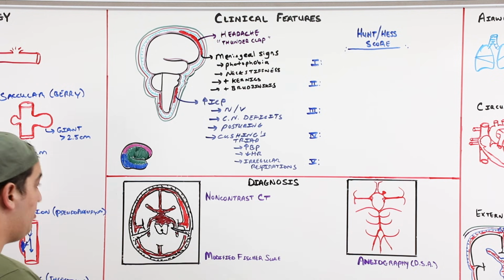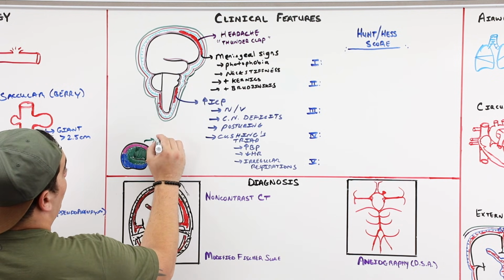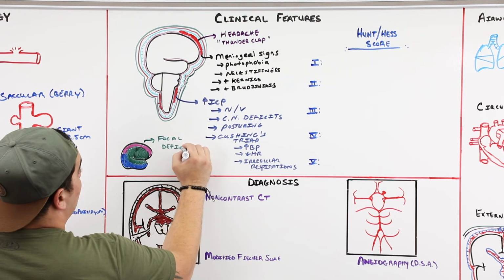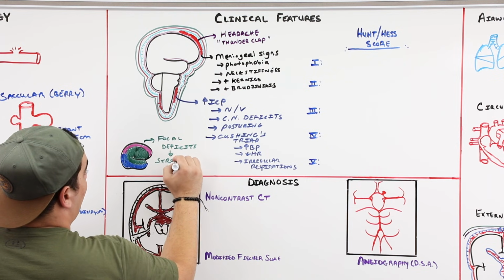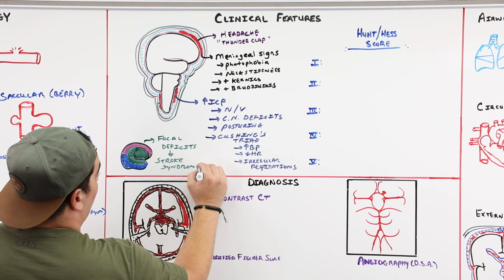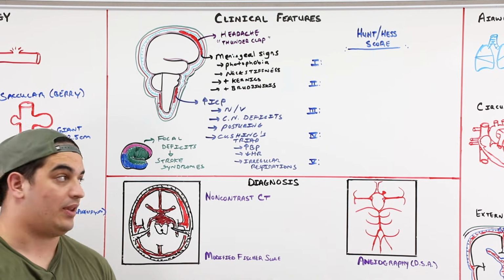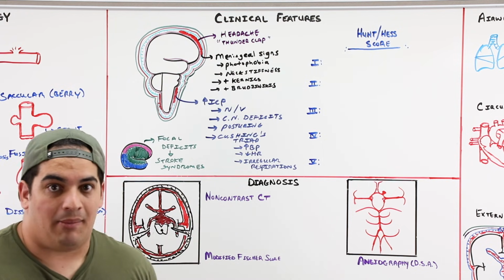Another thing to be thinking about in these patients is that they can also develop focal deficits, so it may present like a stroke syndrome. That's where you need to go watch our video on stroke syndromes if you aren't completely familiar with all of the different types. That'll help you with that. Okay? So those are the basic clinical features to think about.